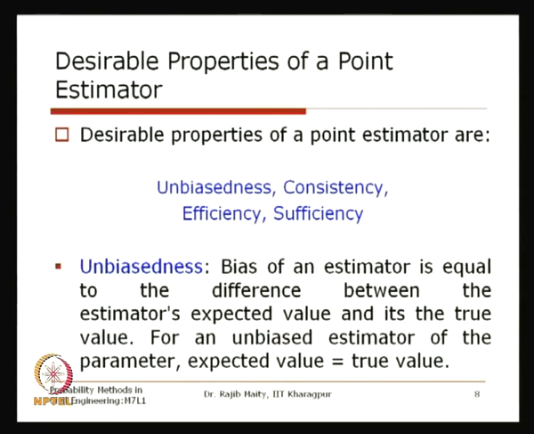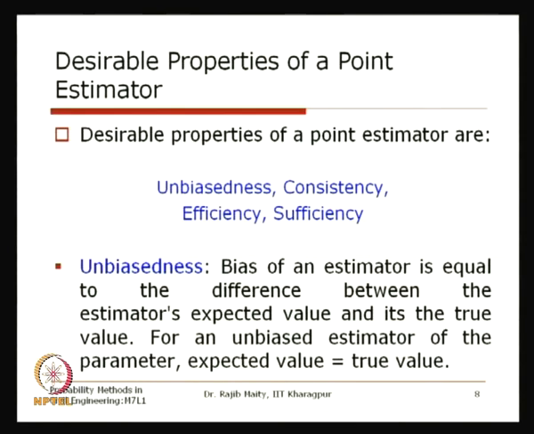So when we say that there is a point estimator, that point estimator should have some properties, and there are 4 different properties that a point estimator should have before we can use it, because there could be many functions that we can use to estimate that particular parameter.